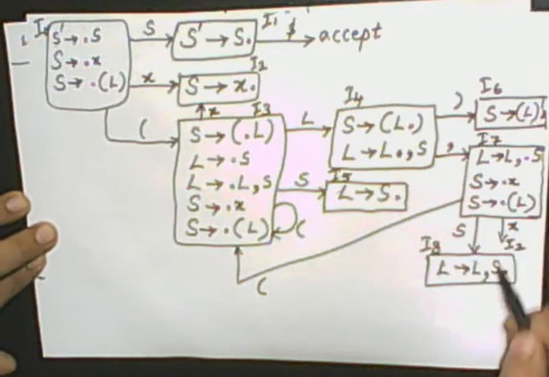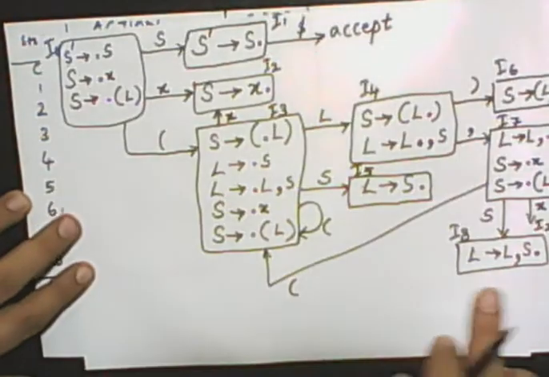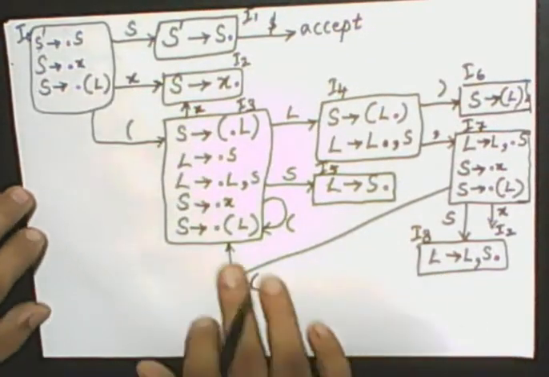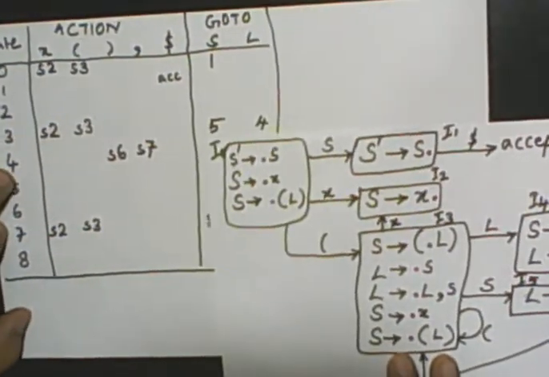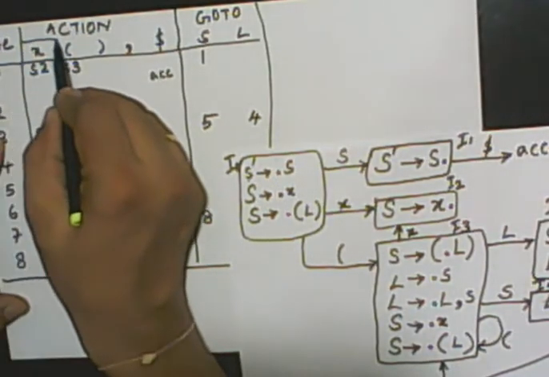Okay, so I7 is over. I8 is a final item, so you don't have any transitions here. So all those shift operations and the go to section are fine now.